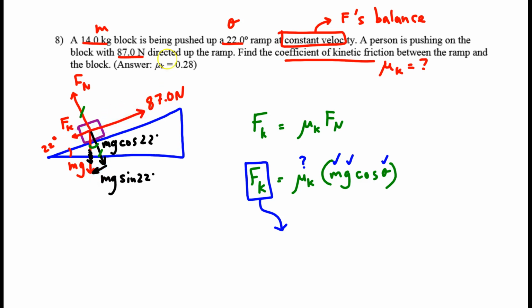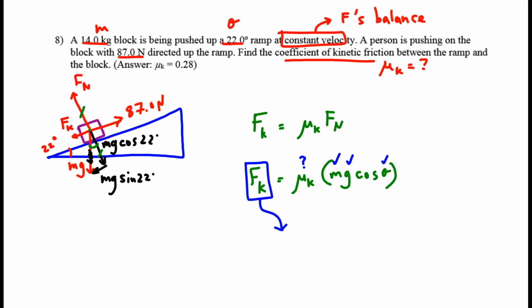So my picture is not great, but that's okay for now. Is it okay? No, it's going to bother me. Hang on. Something like this, I think. Right? Because now, if we take this force, and then we add this, do they add up to the same as the 87? Yeah, it's pretty close. Okay.